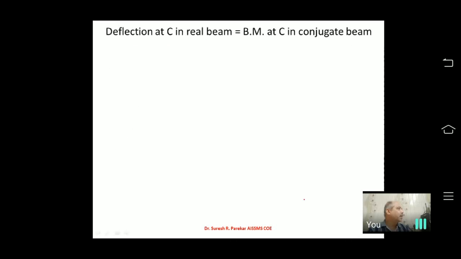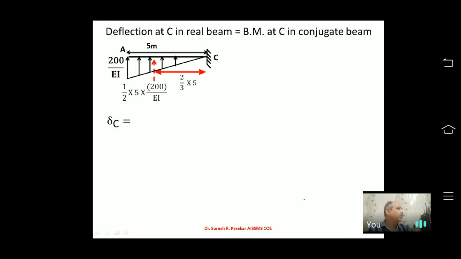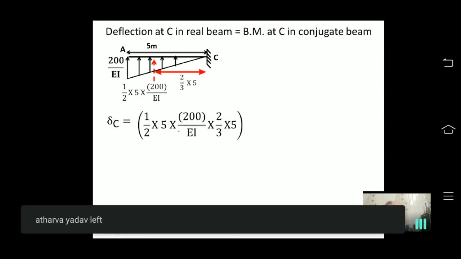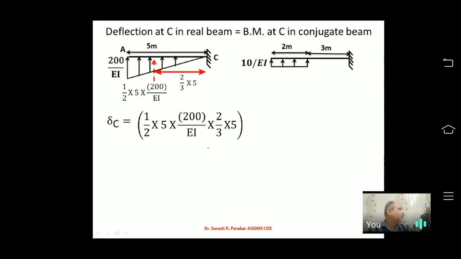And then we have last, that is deflection at C, and we are going to get the moment of this, that is 2/3 from this side. So that will be the first part of this. And then for the second part, we can go for this M by EI diagram. Here we are going to get again from C. So we have C over here, and from C it will be 4 meter, because this is 3 plus 1, 4.